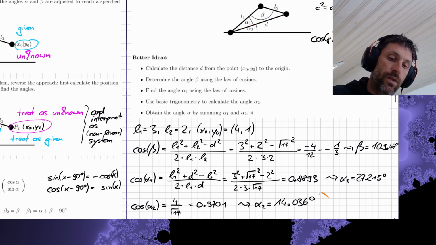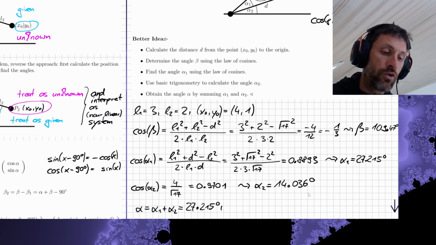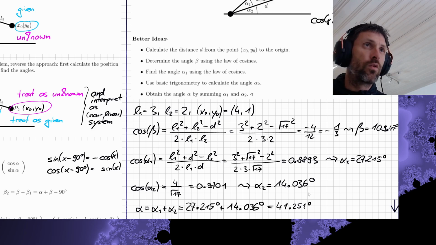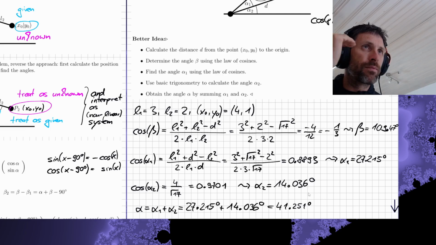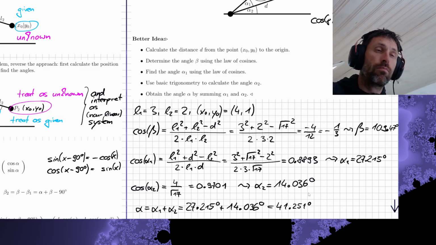Okay, and thus we get alpha 2 is 14 degrees and alpha is the sum of the two, so we get 41 degrees. For this example, we don't need numerics. In the later videos, we will talk about the numerics of a system, but if we can avoid numerics and find the solution in a succession of explicit calculations, we always prefer that. In this situation it is possible, in many other situations it's not possible.